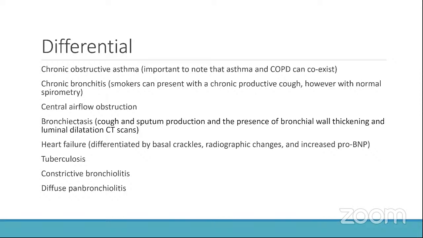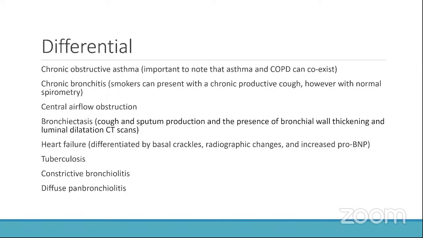Central airflow obstruction, so an example would be a cancer, bronchiectasis. These patients also present with cough and sputum production, and you can usually diagnose with CT scans where you'll see the bronchial wall thickening and luminal dilatation.